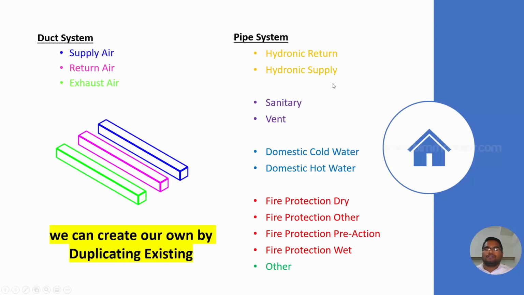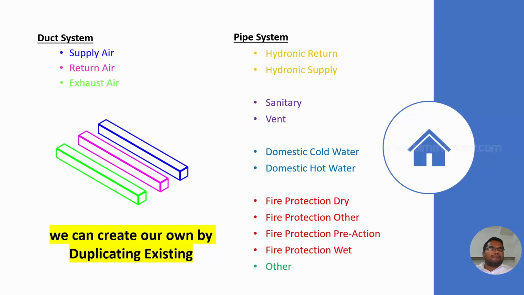Hydronic is related to HVAC; sanitary and vent are related to sanitary systems; domestic cold water and hot water are related to plumbing; and fire protection, dry, wet and pre-action, are related to fire protection. These are all available by default in your system default template.